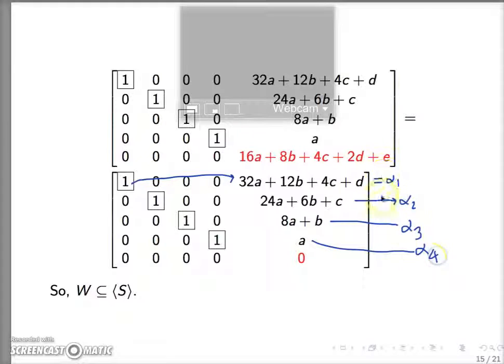So it is possible, even when A, B, C, D, and E are constants, to find values of alpha for which we can represent that arbitrary element as a linear combination of those.